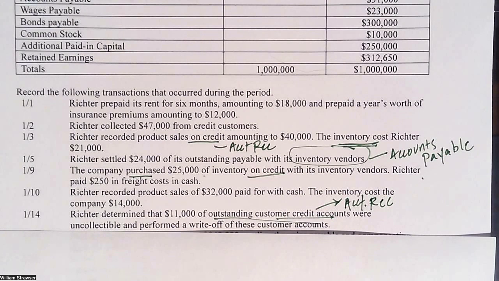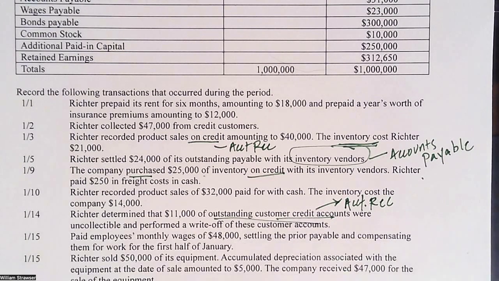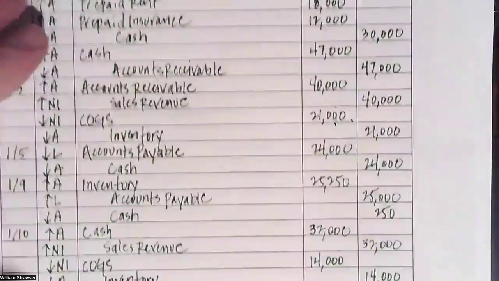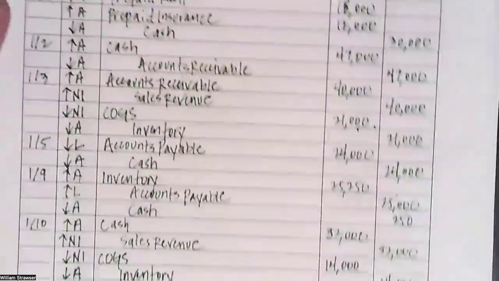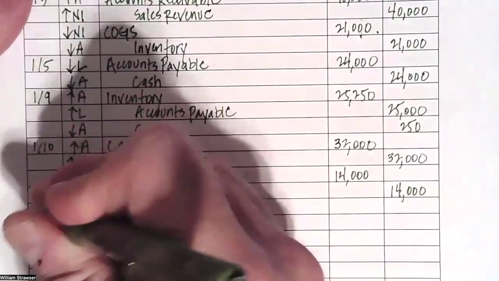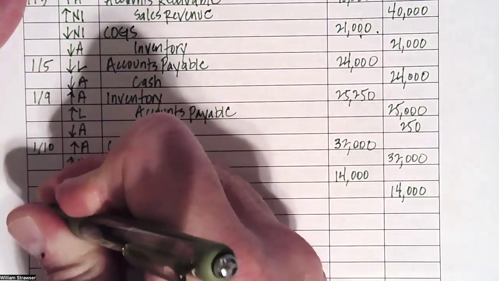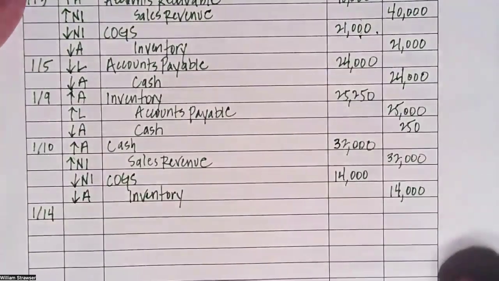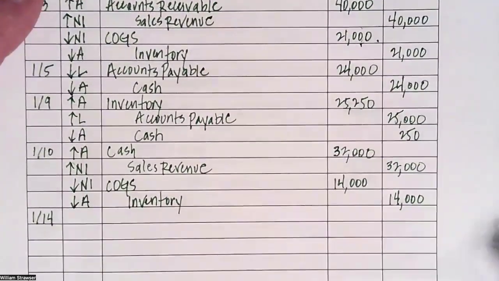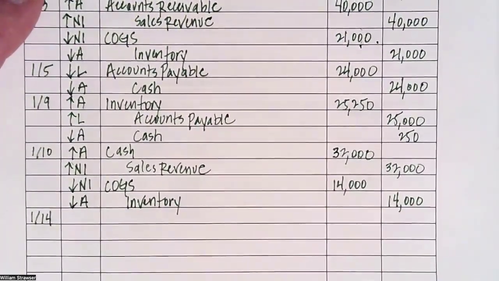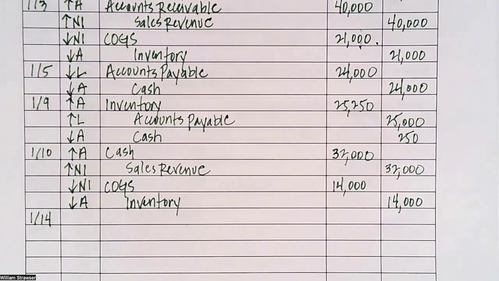When this happens, this might be a journal entry that's a little more specific. You might not remember off the top of your head, but it's a very important one for us to begin working with again. So when they tell me they can't pay me, I have to get rid of their accounts. The idea of the account receivable is that it's an expected future economic benefit because I'm expecting the people whose accounts I have to pay me.